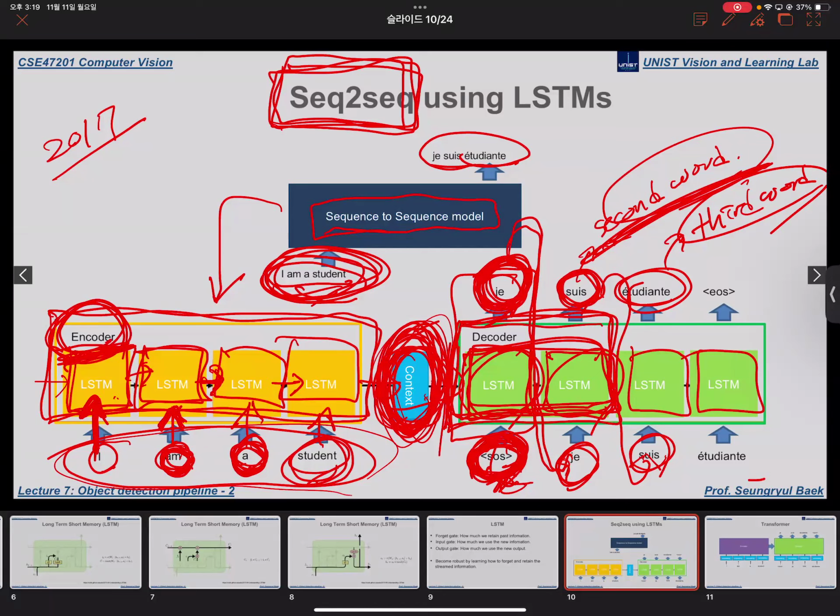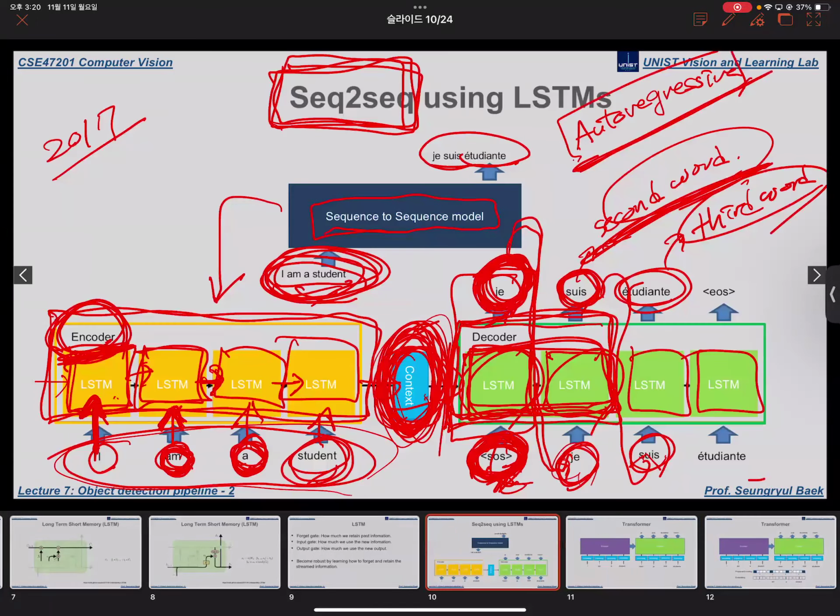This is actually very important. Okay, we call this autoregressive inference. It is called autoregressive because we use the previous step's output as the input to the next step. Okay, so this kind of thing is called autoregressive prediction.